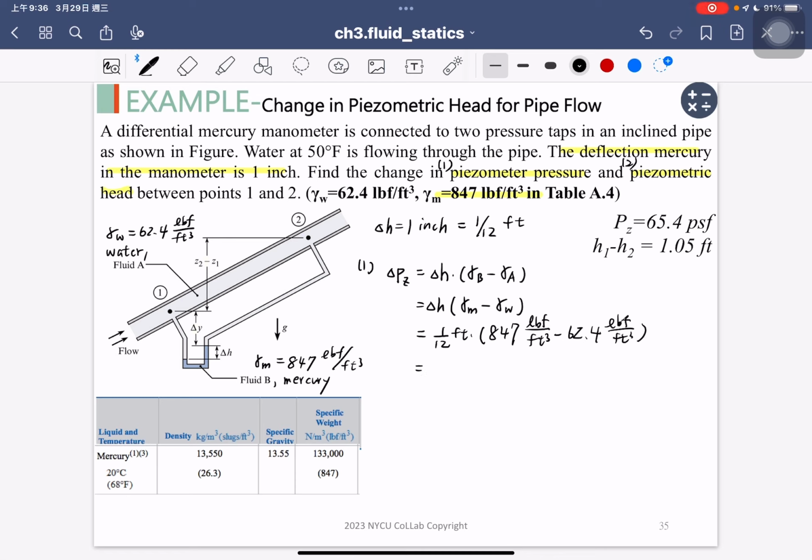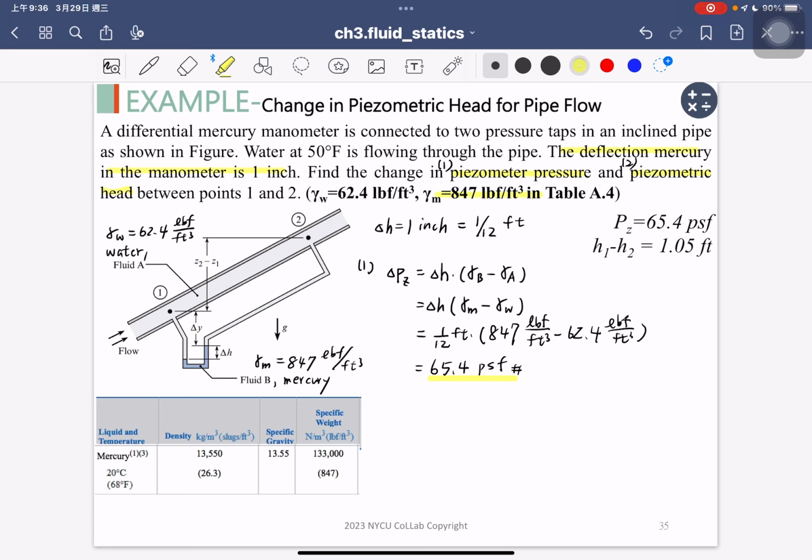You can calculate the answer very quickly just based on this equation, divided by 12. So the answer is about 65.4, and because right now our unit is PSF, I directly use PSF. So this is the answer for question 1.